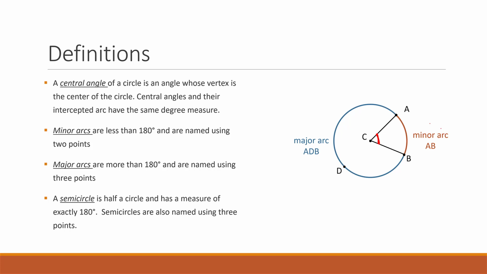So in angle ACB, we have this arc AB inside of it, and as long as it's less than 180, that's what's called a minor arc. If it's more than 180 degrees, or in other words, if it is more than half the circle, it's a major arc, and you would need 3 points. So A, D, B to go all the way around. If you're exactly half, that's just a semicircle.